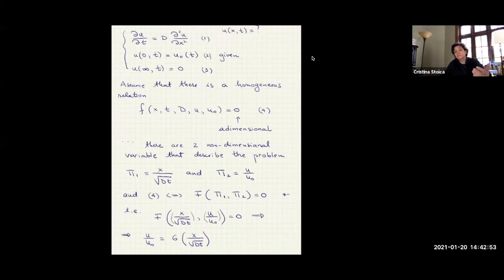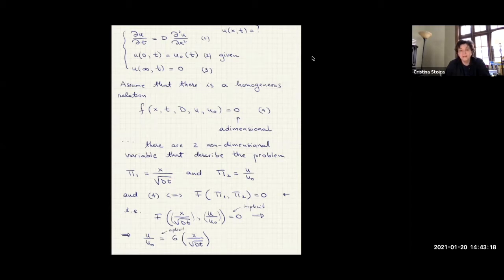Now we go further and say, if I am cool with algebra, then this means that I can express one as a function of the other, right? This is an implicit relation between pi 1 and pi 2, whereas this is an explicit relation.